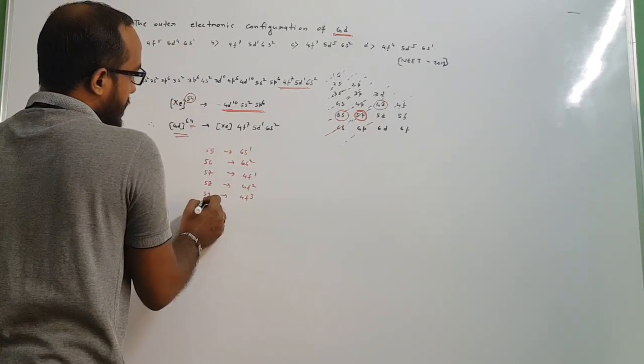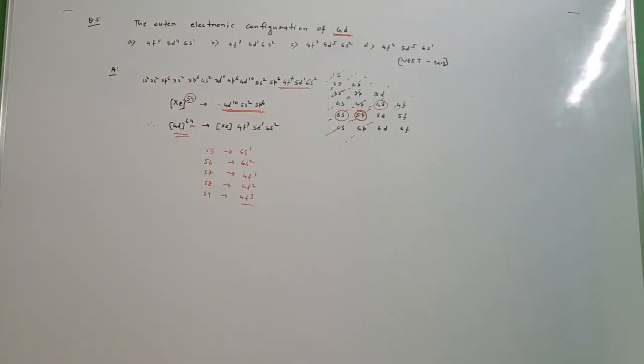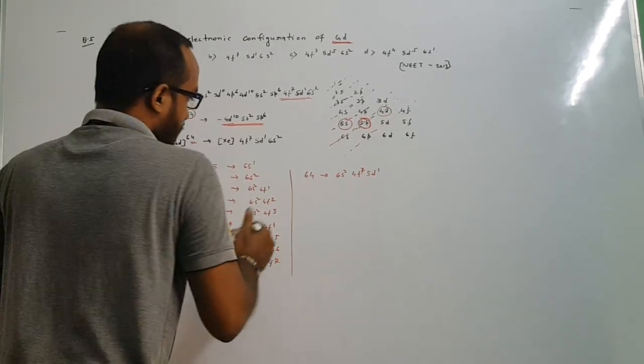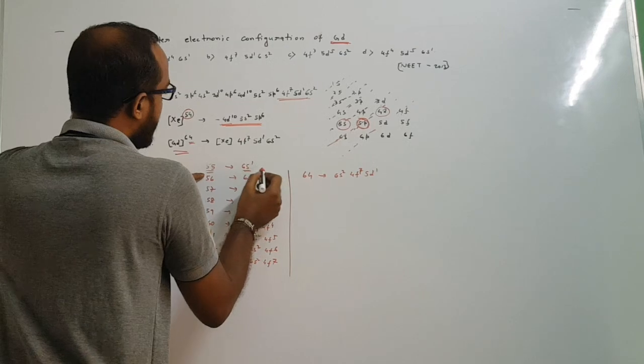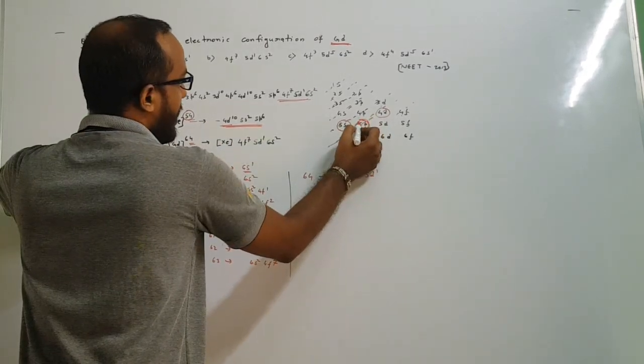See, here I have made a little mistake. 54 is where we have ended at 5p6.